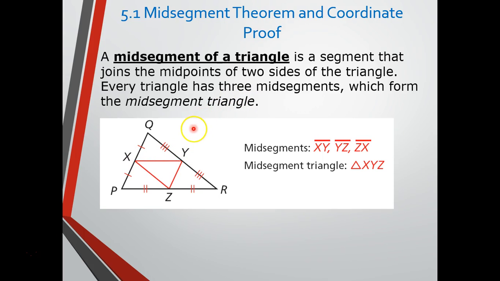And there are properties about these midsegments, and that's what we're going to look at next. Before we move on to that, whenever you draw all three midsegments inside a triangle, we have what's known as the midsegment triangle. So this is a midsegment triangle of the bigger triangle.